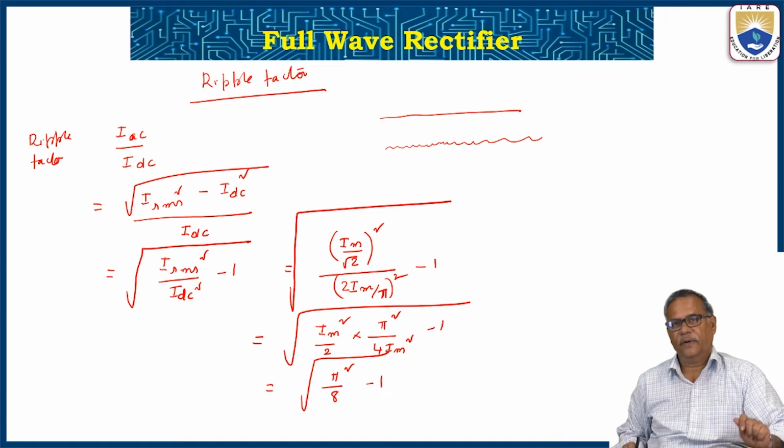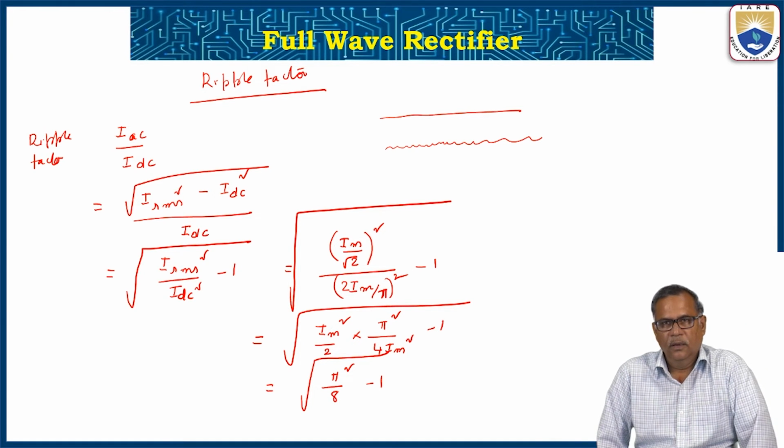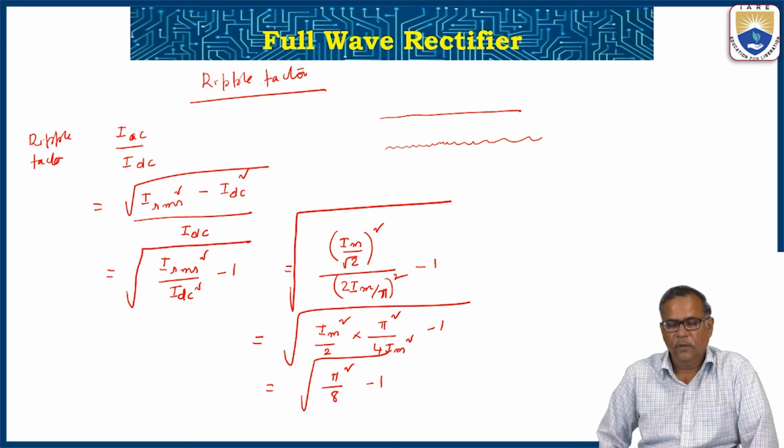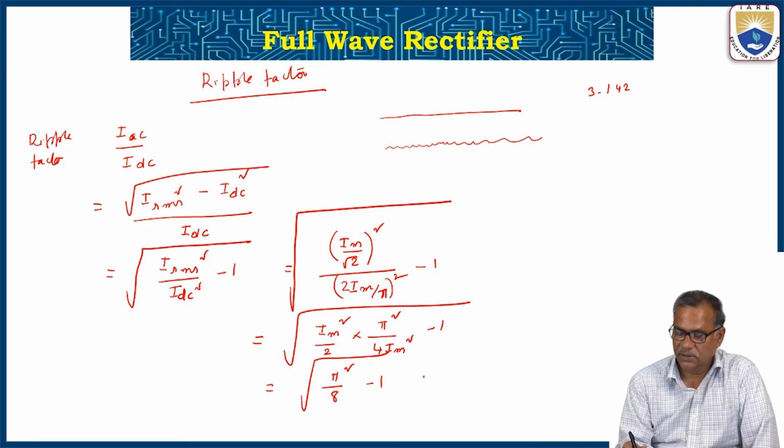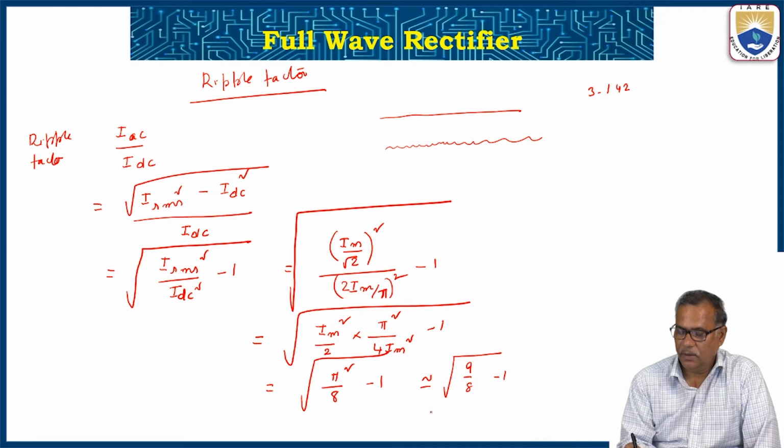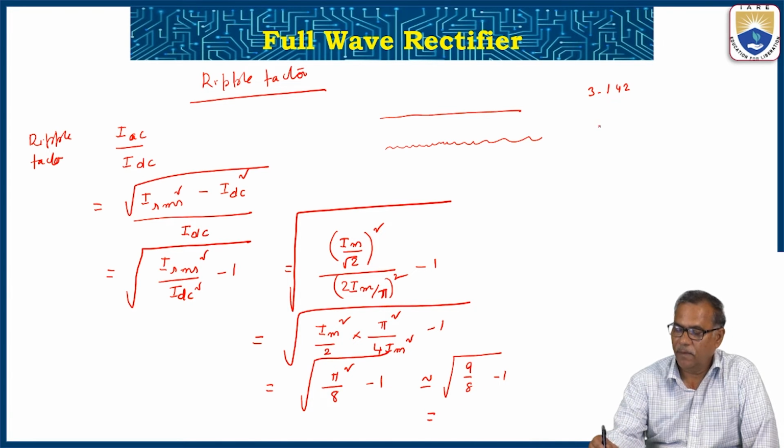So this is the ripple factor for full wave rectifier. What is pi? Pi is 3.142. So you square it, and we get approximately 9. So this is equal to approximately 9 by 8 minus 1. So what is 9 by 8?